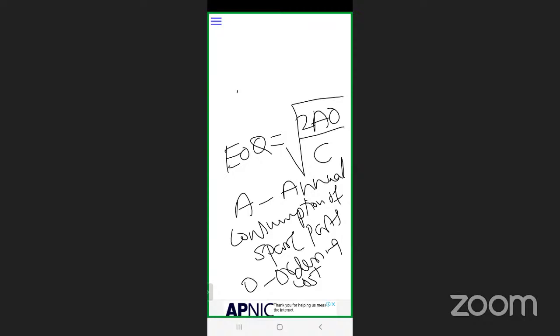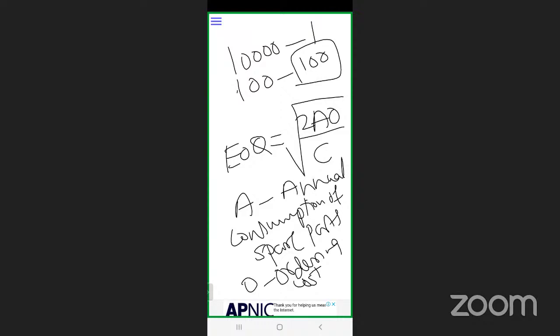All those costs are constant per order, and depend on the number of orders I'm placing. If I place one order for all 10,000 units, I'm incurring less. If I place 100 orders of 100 units, I'm incurring more because I have to spend 100 times. So ordering cost depends on the number of orders.